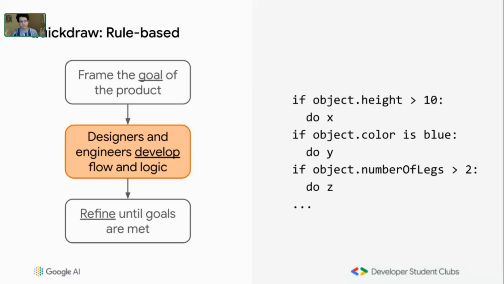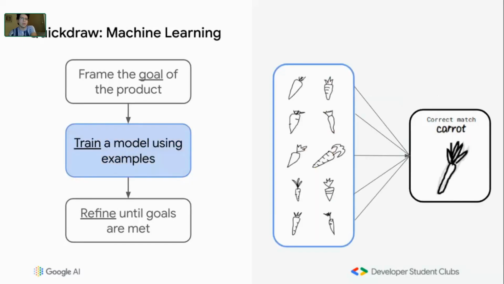AI is kind of modeled after neural networks, which is our brain. But so you can see how it can get really long very soon and kind of difficult, right? And inaccurate. But what if we do it with machine learning? With machine learning, we're training a model based on examples.